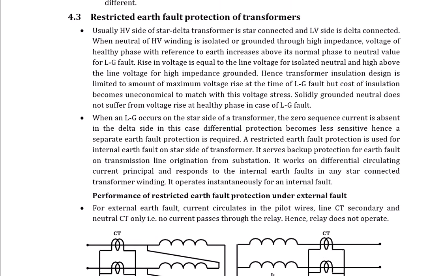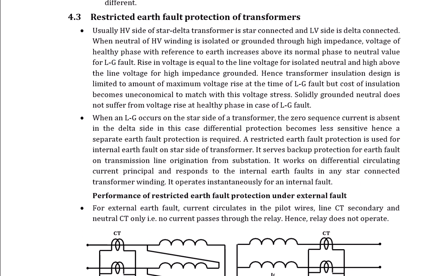Then, restricted earth fault protection for the transformer. We have to provide earth fault protection to the transformer to protect it from various kinds of leakage and earth faults. Usually the HV side of a star-delta transformer is star connected and the LV side is delta connected.